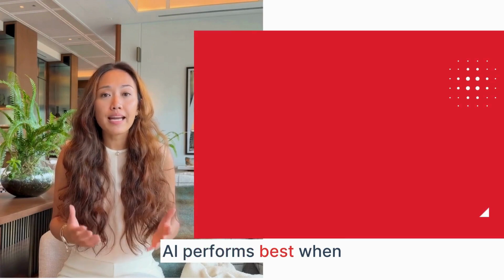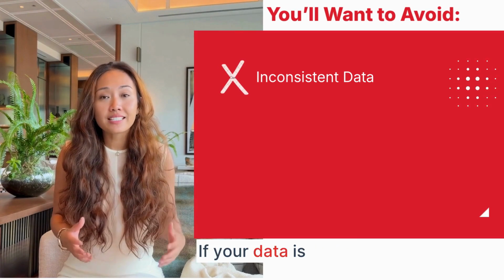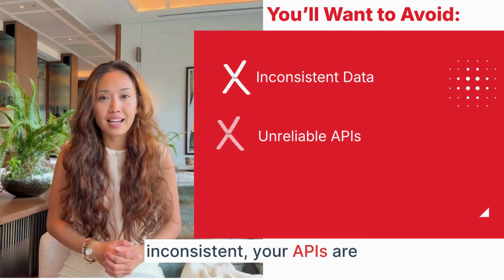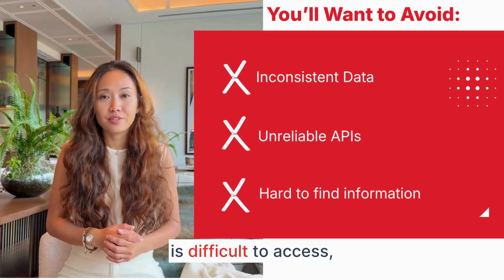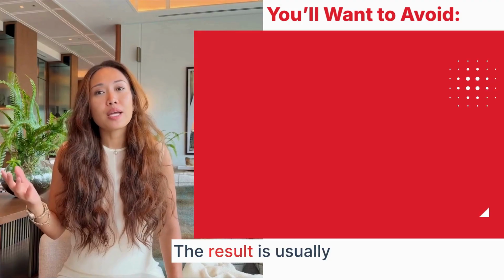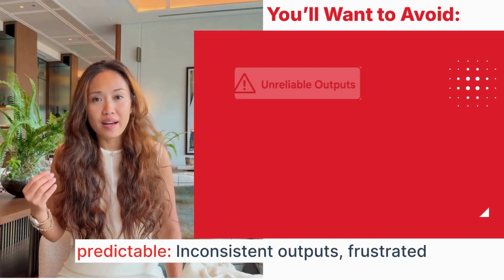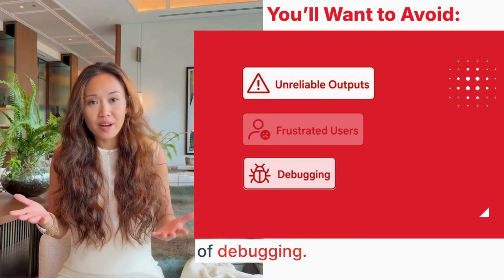AI performs best when it's built on top of well-structured systems. If your data is inconsistent, your APIs are unreliable, or critical information is difficult to access, AI will inherit those problems. The result is usually predictable. Inconsistent outputs, frustrated users, and a lot of debugging.